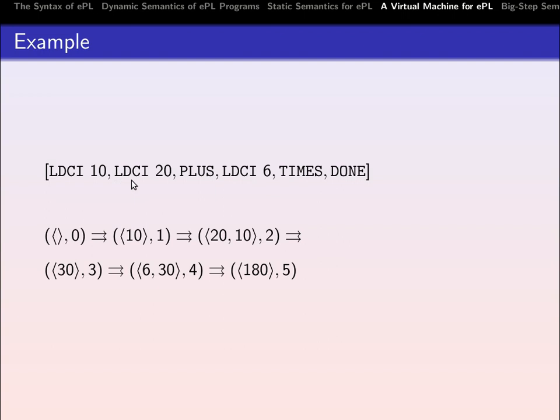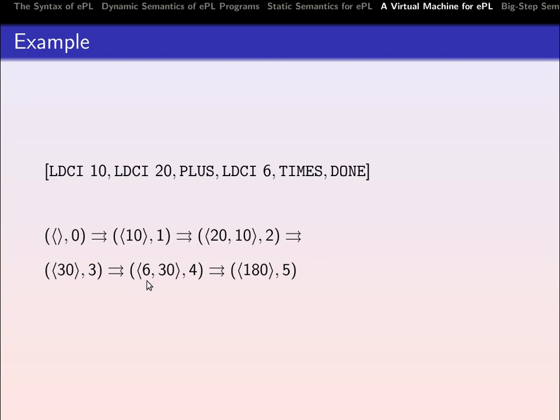At that point, we have 10 at the top of the stack. We load 20, so we have 20 and 10, and we index instruction 2. Then we perform the plus, meaning that we pop 20 and 10, perform the addition, and push back the result. We have 30 and PC 3.